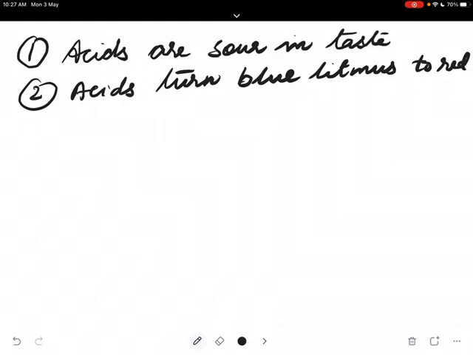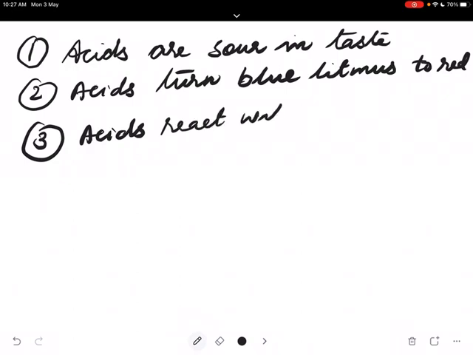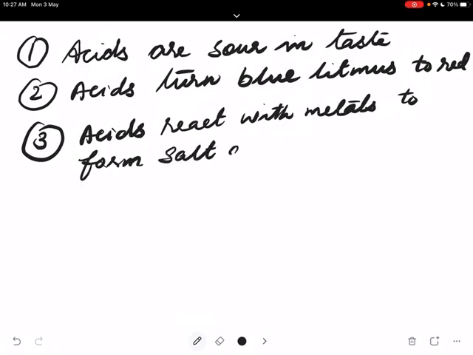Number 3, acids react with metals to form salt and hydrogen.